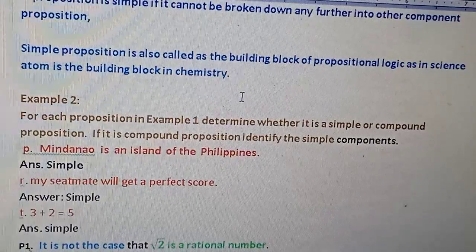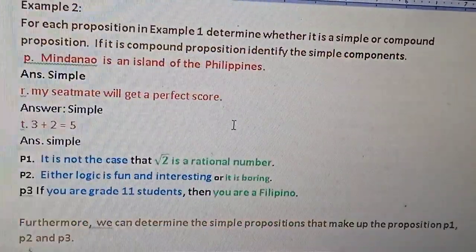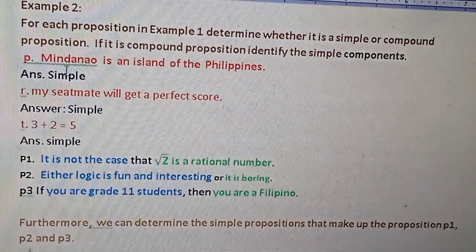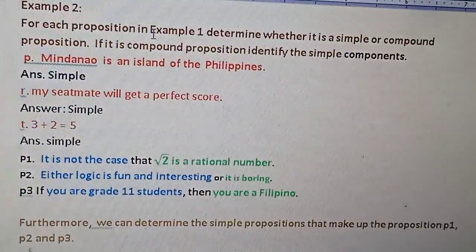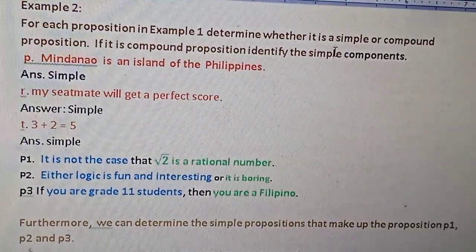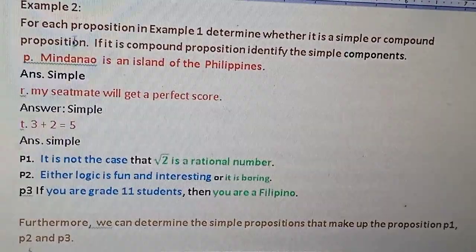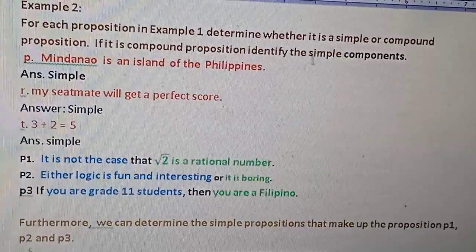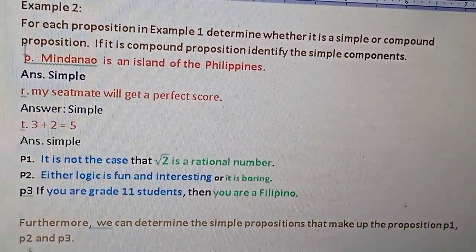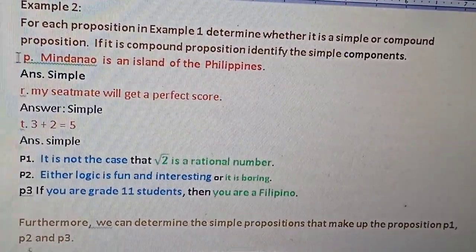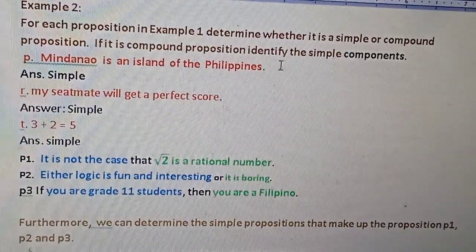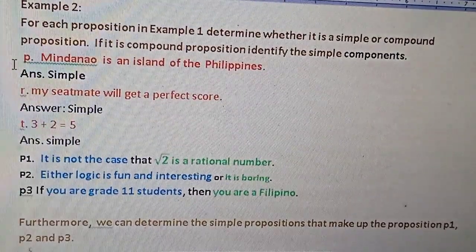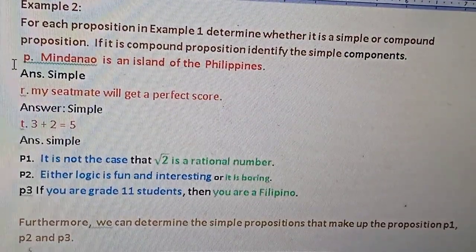Example 2. For each proposition in example 1, determine whether it is a simple or compound proposition. If it is a compound proposition, identify the simple components. So let's go back to the example number 1 sentences. We have this one, P: Mindanao is an island of the Philippines.